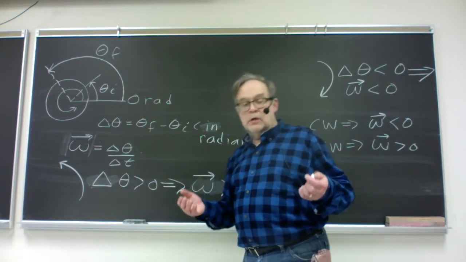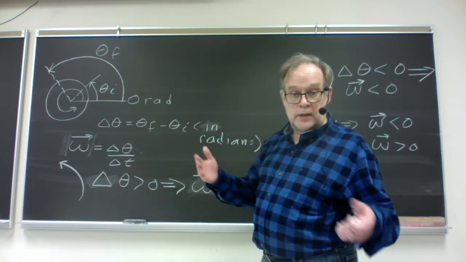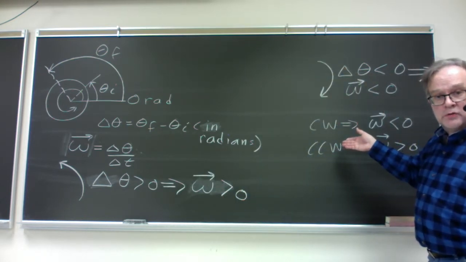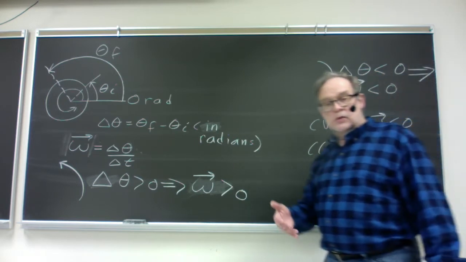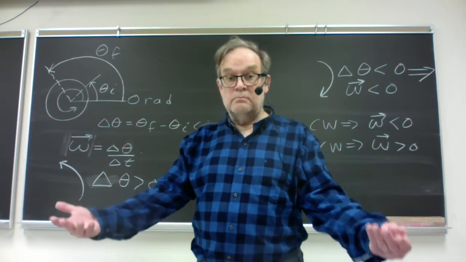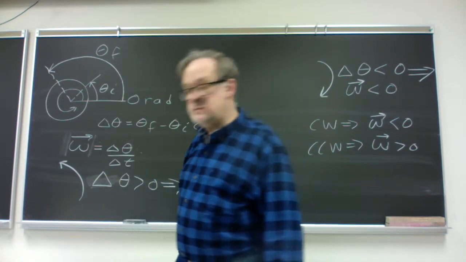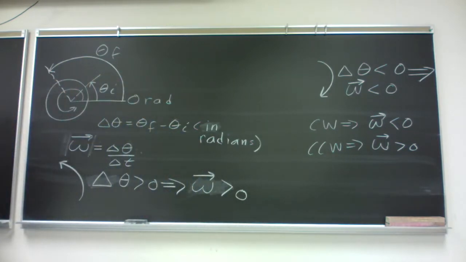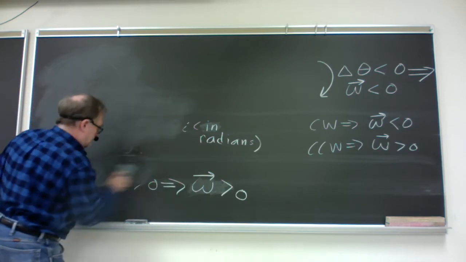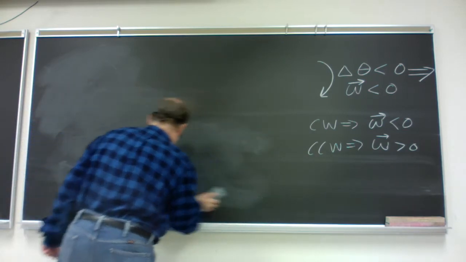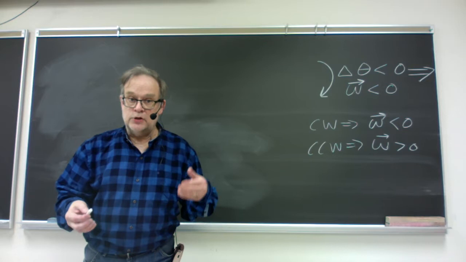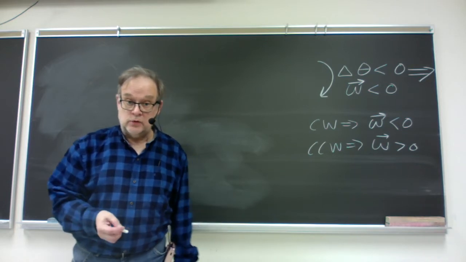And then, of course, just like we had in the linear case, we want to talk about the rate of change of angular velocity. The rate of change of old-fashioned linear meters per second velocity was acceleration in meters per second squared. Similarly, we can talk about change in angular velocity and the rate of change in angular velocity.